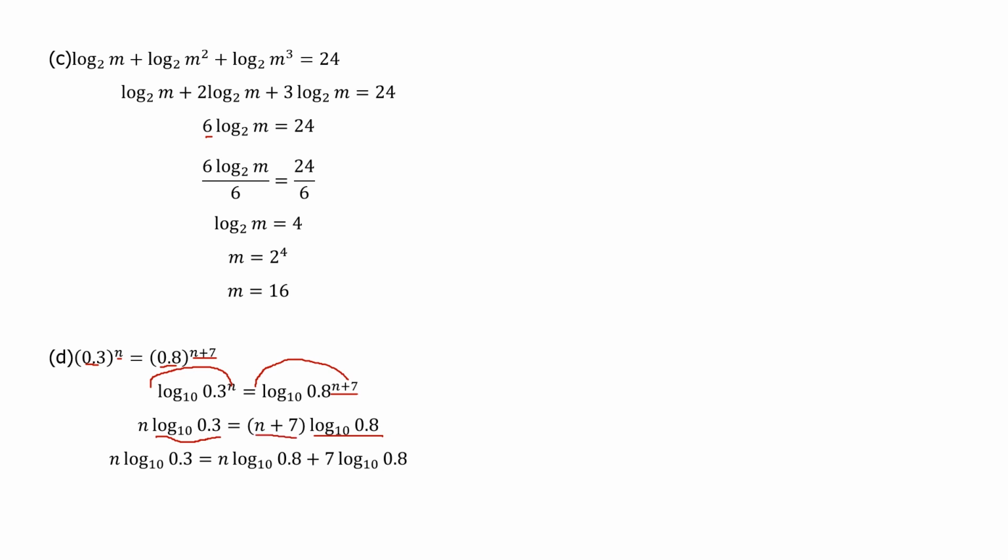The n is going to multiply that one, and also the 7 is going to multiply that. Now I'm going to take the other side of the equation to have n log of 0.3 base 10 minus n log of 0.8 base 10 is equal to 7 log of 0.8 base 10.